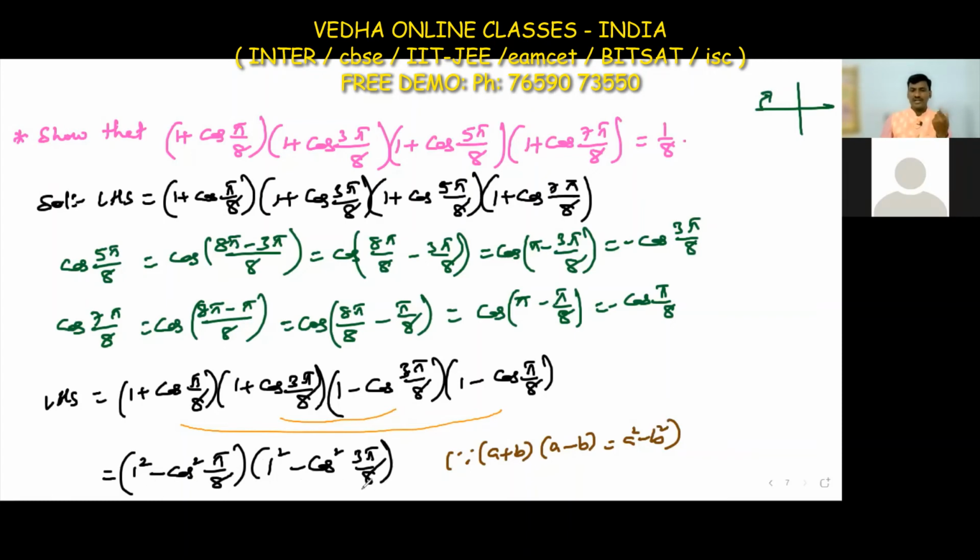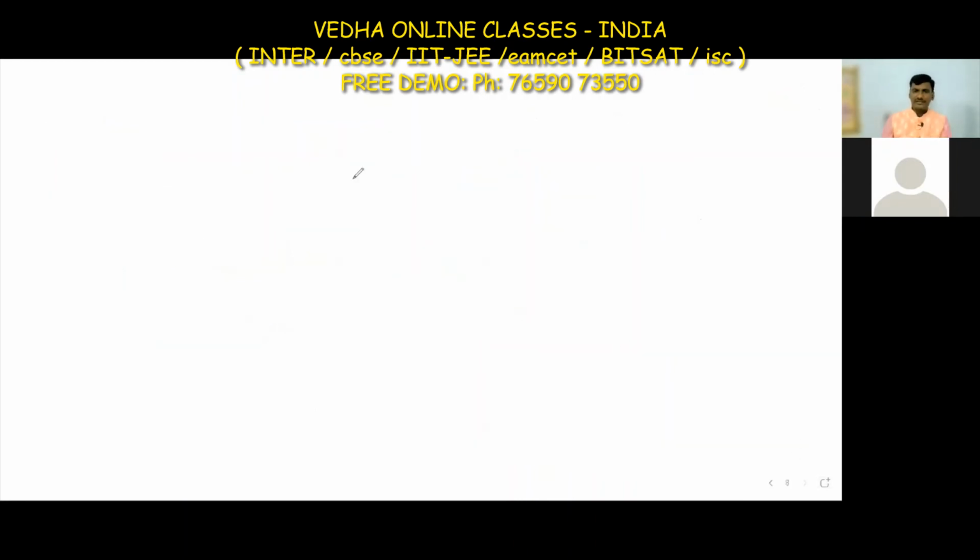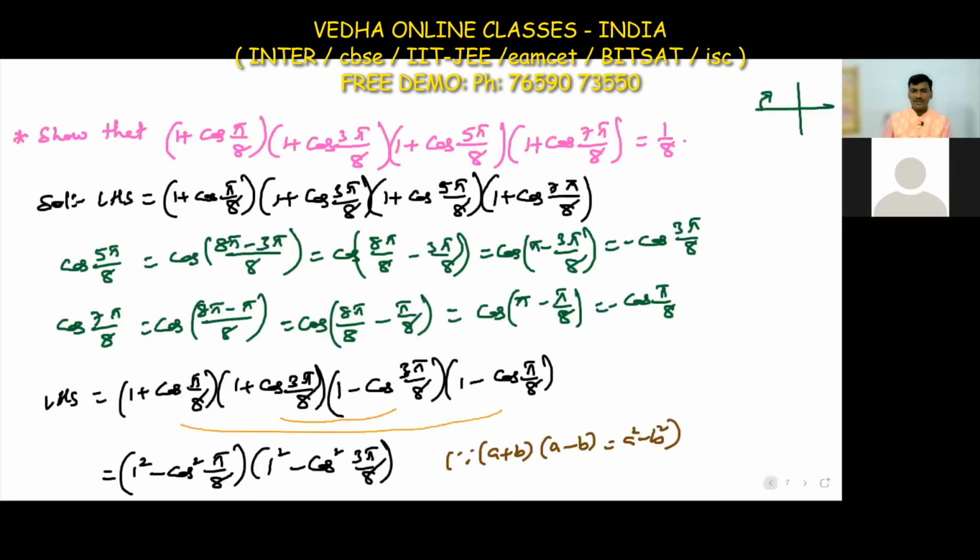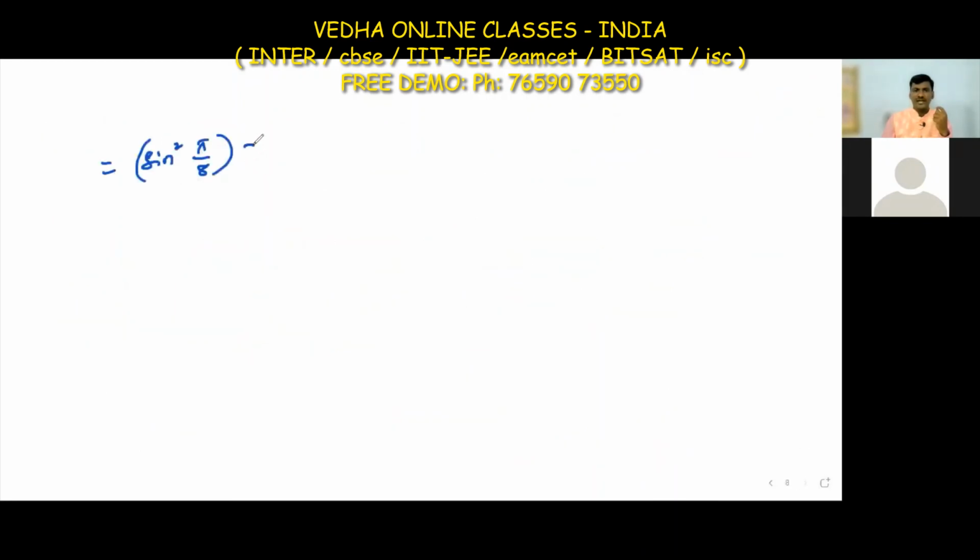Now we can apply the identity here. What is 1 minus cos square theta? From the identity, it is sine square theta. So 1 minus cos square pi by 8 is sine square pi by 8, and 1 minus cos square 3 pi by 8 we can write as sine square of 3 pi by 8.